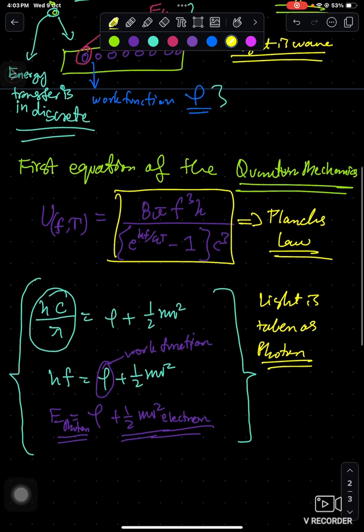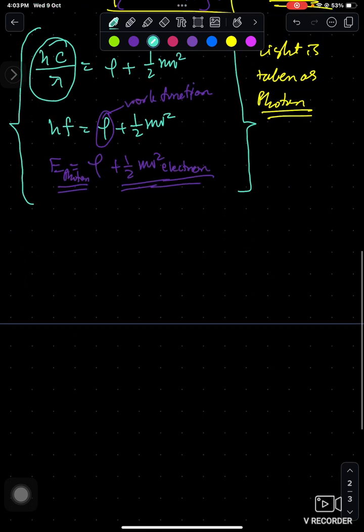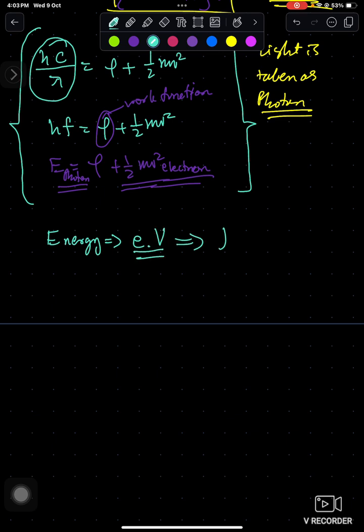And mostly the formula of the energy is written in eV. It's the same as saying joules, but to convert it into joules, you would multiply eV by 1.6 times 10 to the power minus 19.